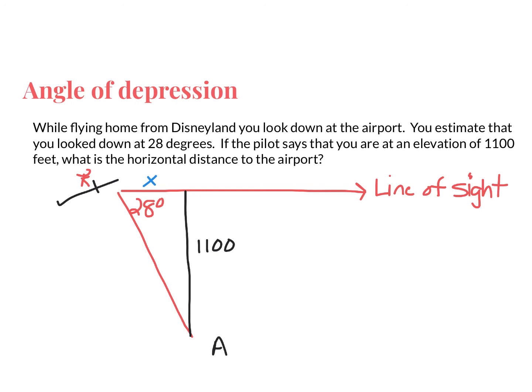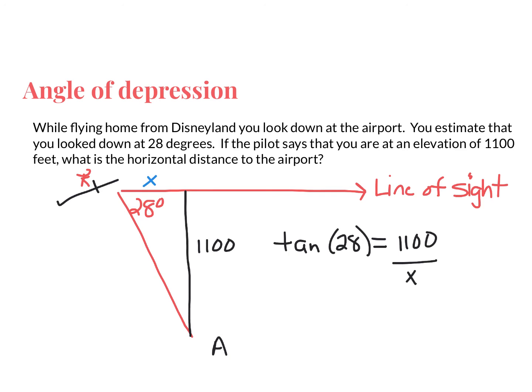So from angle 28, I know the opposite side, and I know that I'm looking for the adjacent side. So that ratio is tangent. So I'm going to say tangent of 28 degrees equals the opposite side over the horizontal distance. That's the adjacent side.